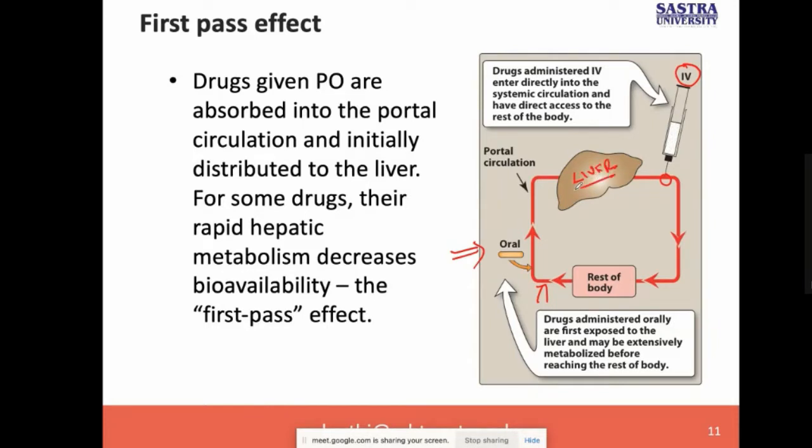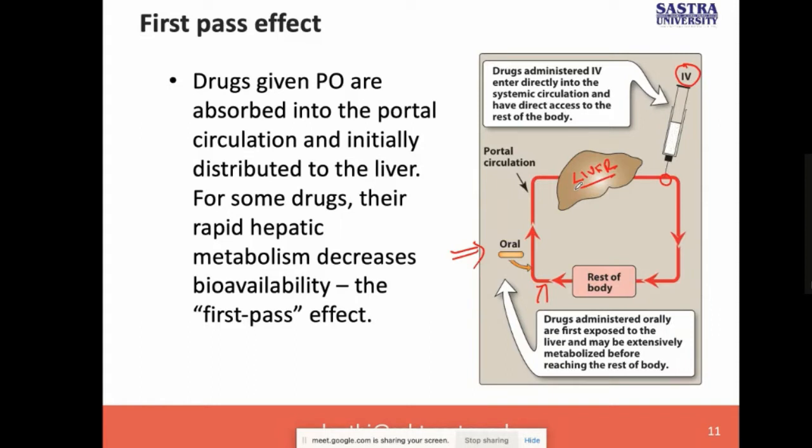The functioning of the liver is very important. If a person has poor liver function, he cannot survive for a long time. The reason is that one of the main sites of detoxification in our body is the liver. Liver is the major organ that participates in detoxification. So what is this detoxification?